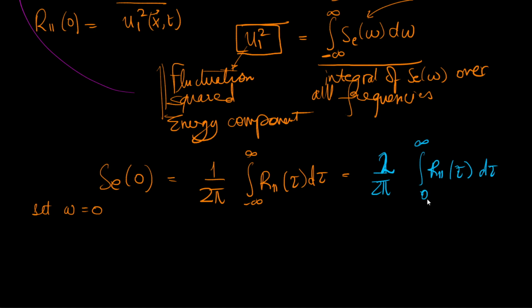and this you can write because statistically R11 of tau and R11 of minus tau are equal. Let us prove that as well.